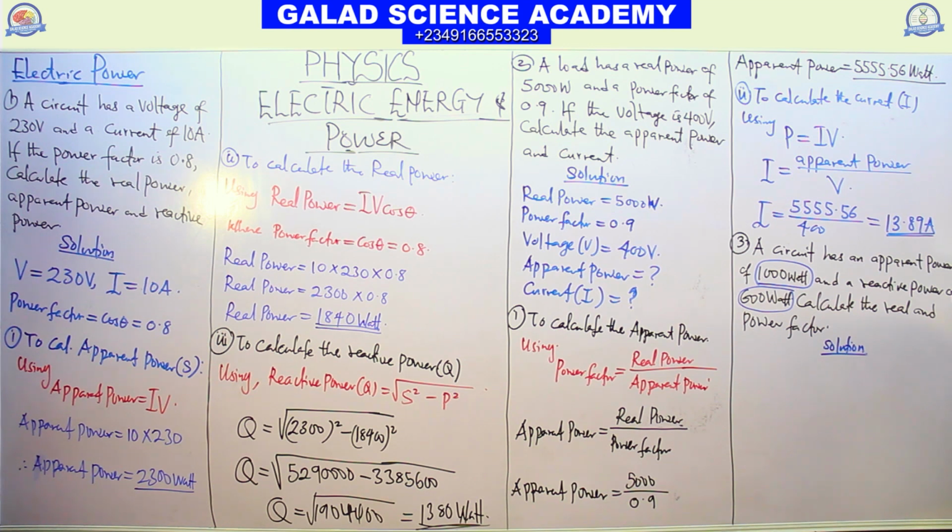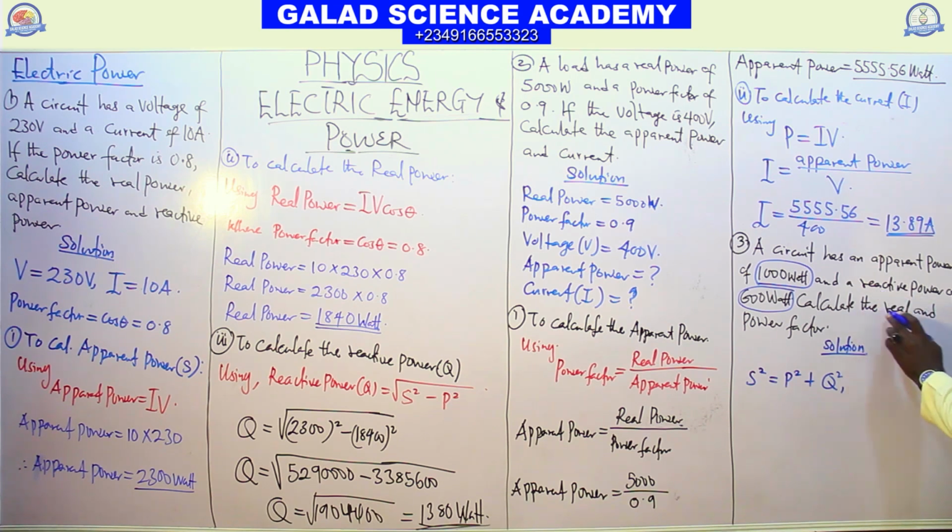If we apply the power triangle, we say that apparent power squared is equal to real power squared plus reactive power squared. Apply this formula now.